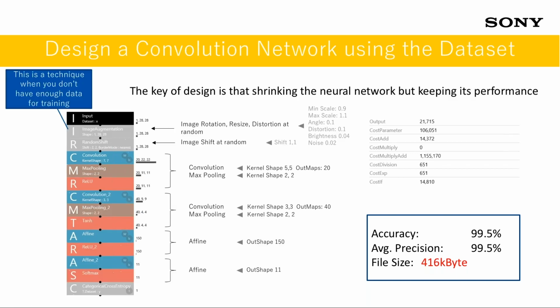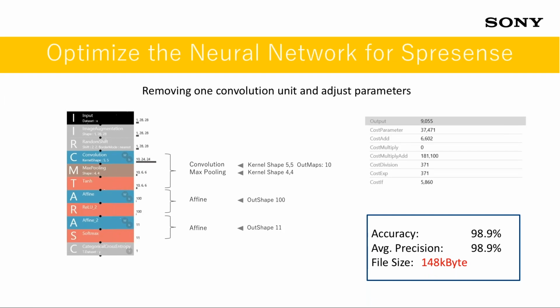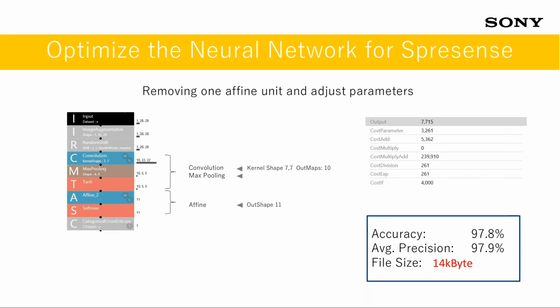So the first one was 416 with 99. The second one, with just one layer of convolution, is giving you 148 kilobytes and 98.9%. Let's go and play with this again and remove some of the layers again.